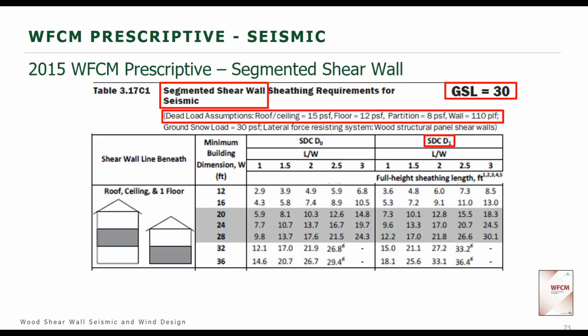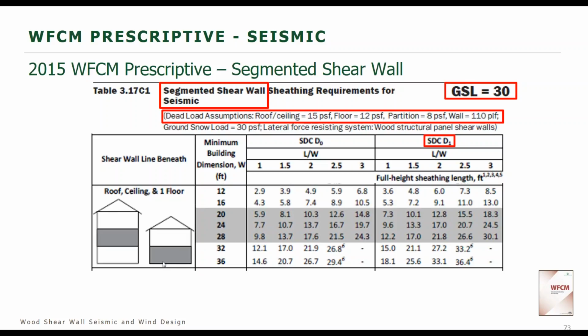This table is seismic specific, and it has a ground snow load of 30 pounds per square foot. Now, we also have tables that are 50 pounds per square foot and 70 pounds per square foot. And then also within these tables, this one just shows the roof, ceiling, and one floor.